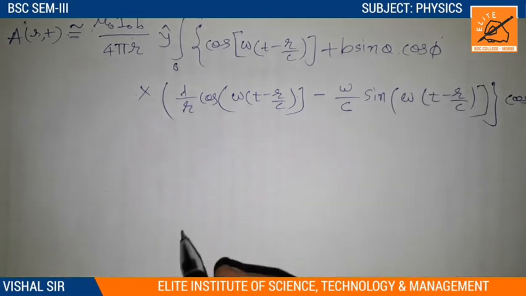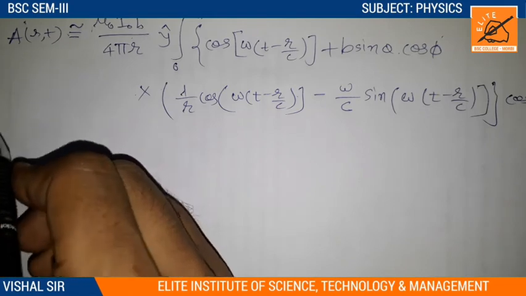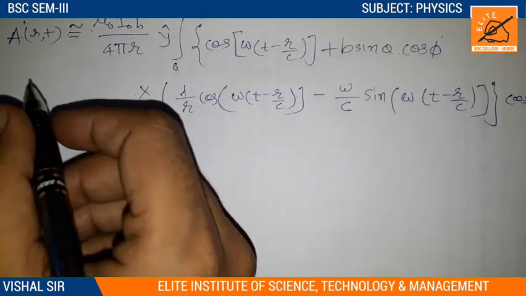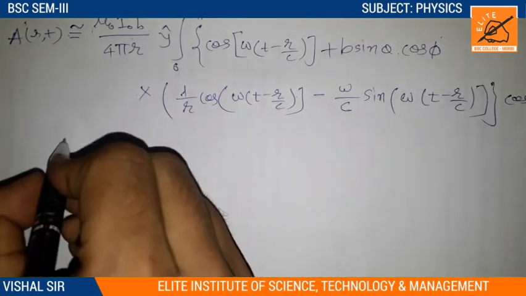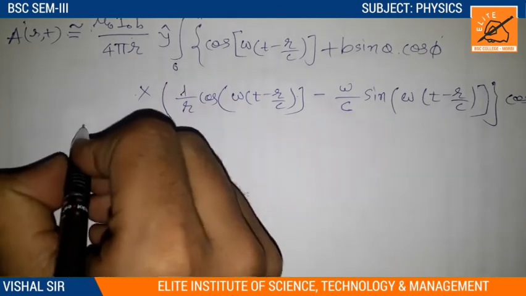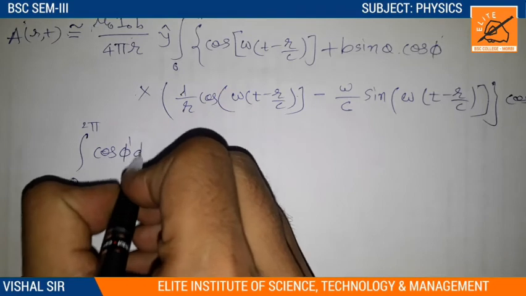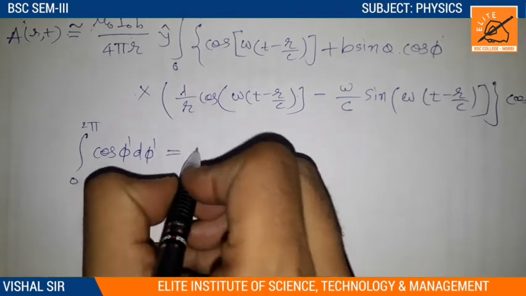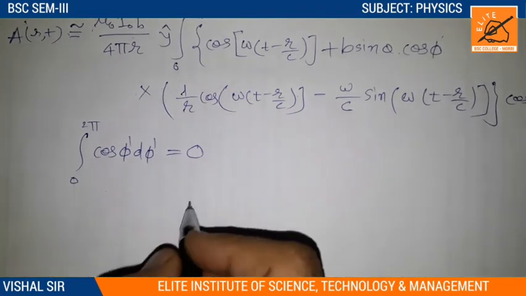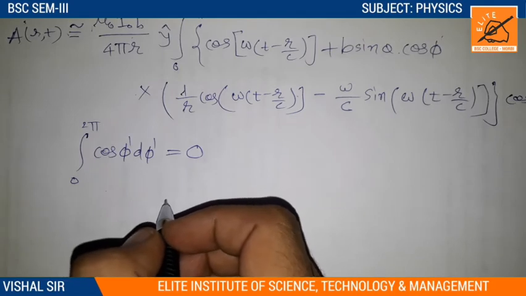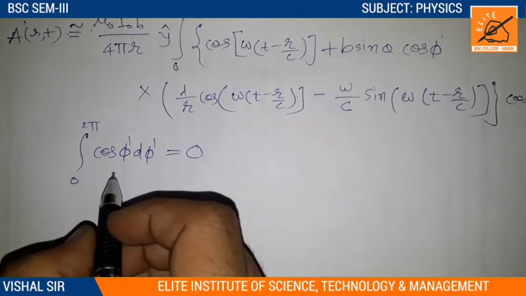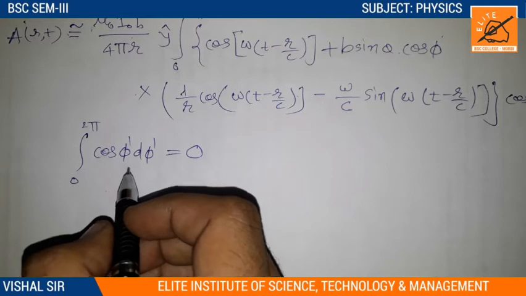Now, the first term integrates to 0. It means the integral from 0 to 2 pi of cos phi dash d phi dash is equal to 0. And the second term involves the integral of cosine squared.